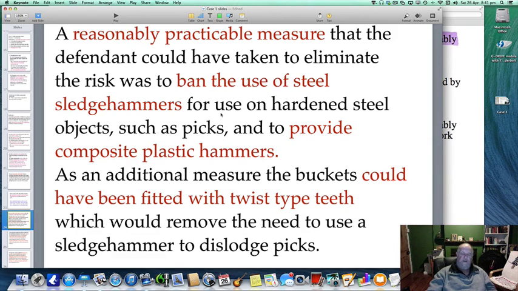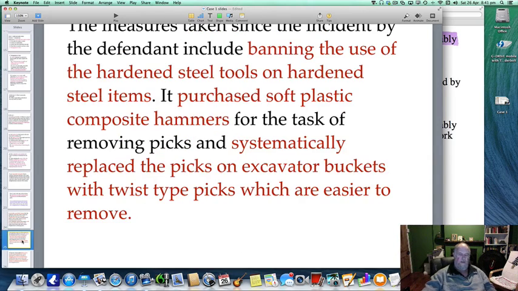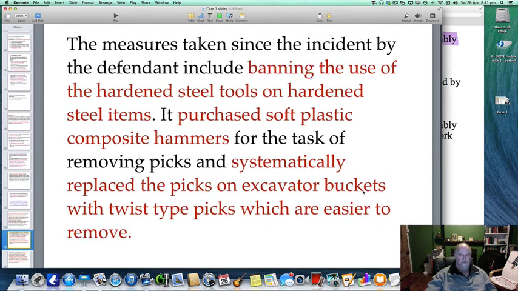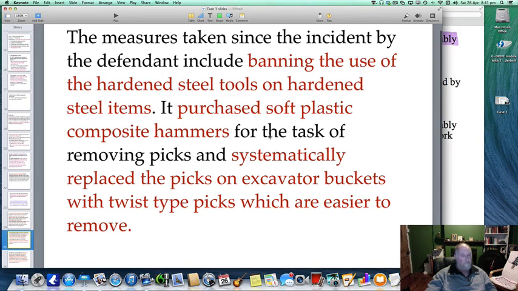As an additional measure, the buckets could have been fitted with twist-type teeth. I think that's the one that really takes a measure there. The measures taken since the incident by the defendant. Now, here you've got it all for you. Banning the use of hardened steel tools on hardened steel items. Once again, a difficult one to do. Very difficult one to do. I think just get rid of the hardened steel hammers, because you don't need them.